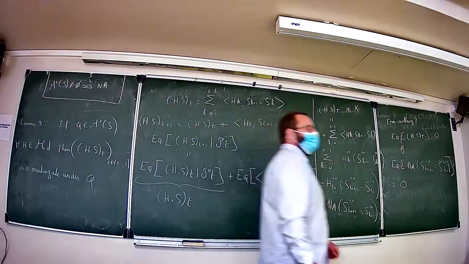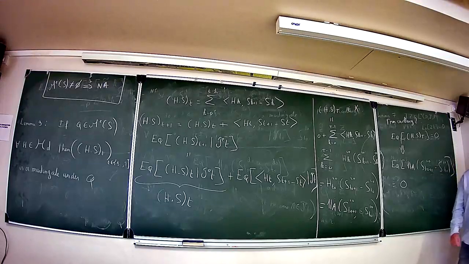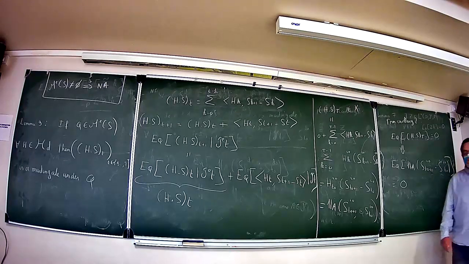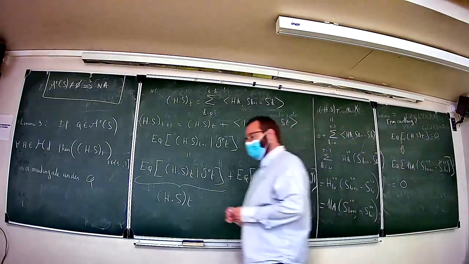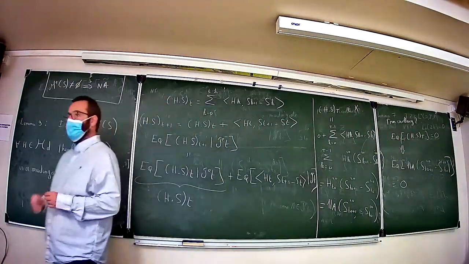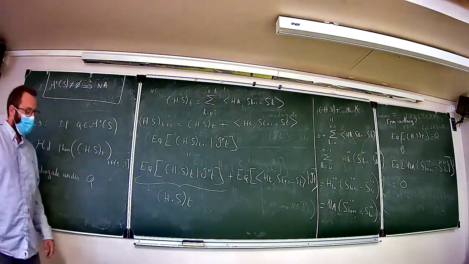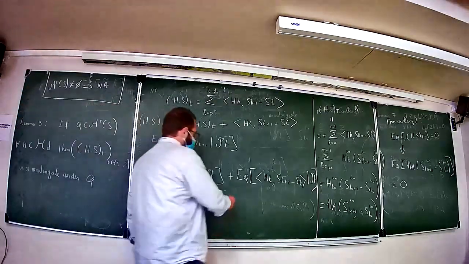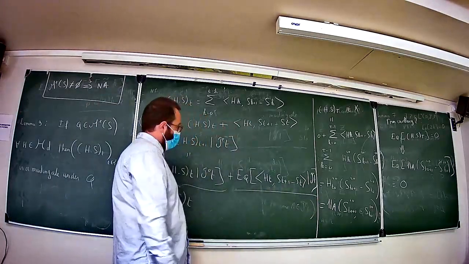And for this one, what is the value of this conditional expectation? So for the moment, I don't use the fact that Q is an equivalent martingale measure. I don't use this. And I need to use it, for sure. So what is this conditional expectation here? 0. Why is it 0?